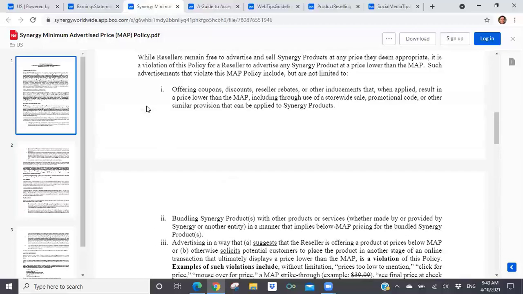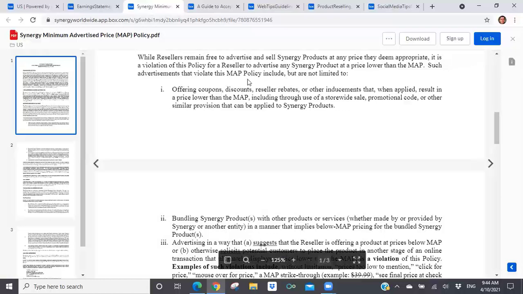Let me see if I can find it. Offering coupons, discounts, reseller rebates, or other inducements that, when applied, result in a price lower than the MAP, including through use of a store-wide sale, promotional code, or other similar provision that can be applied to Synergy products.